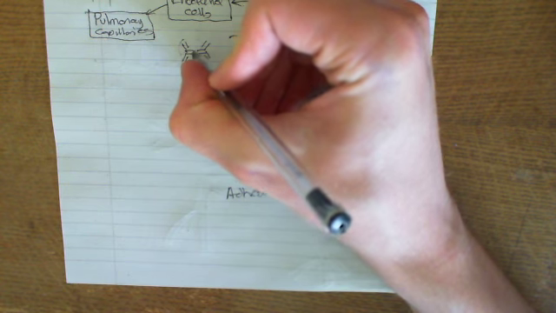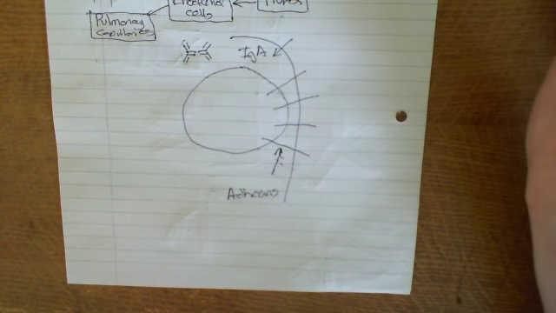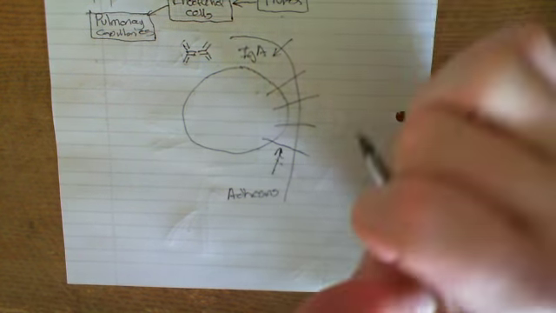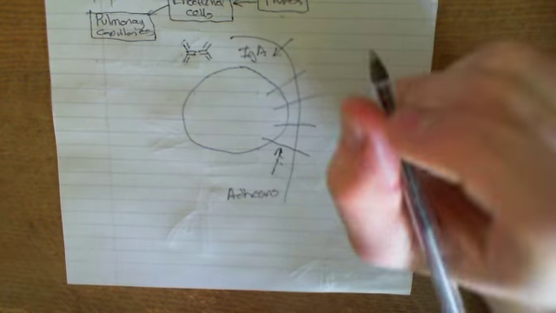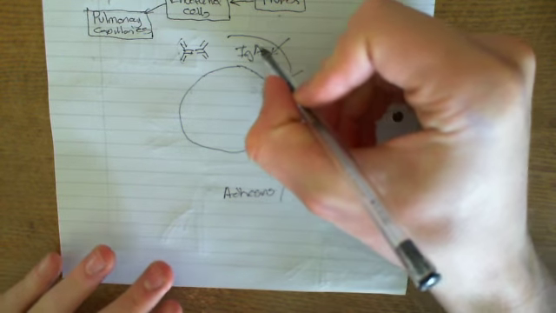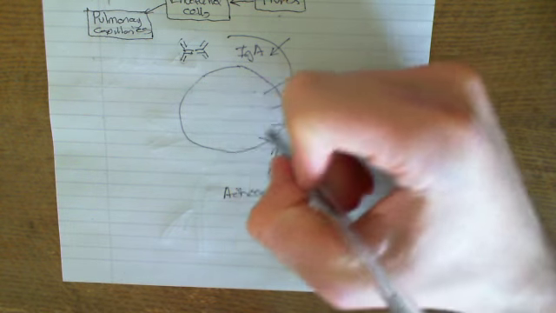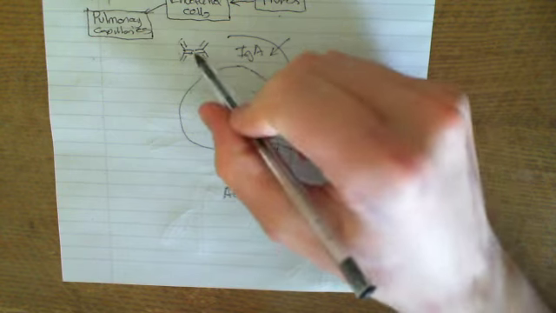IgA is characterized by the fact that its Fc region is different from that of IgG or IgE or IgM or IgD, all the other forms of immunoglobulin. Okay, so IgA as a dimer is secreted onto this surface, and firstly you do have the antiphagocytic capsule, which is going to provide some protection from this, but you need more protection.